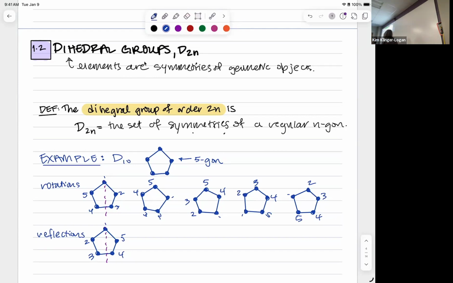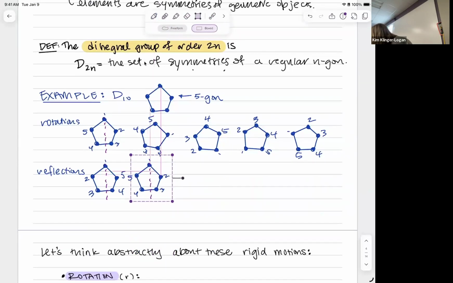And you'll notice that this reflection, this symmetry or whatever rigid motion, didn't give me any of the things that were up here, right? So, oops, I messed something up. This was 4, 5. Okay, so I could reflect around this axis here, but I could also reflect around the 2 axis instead.